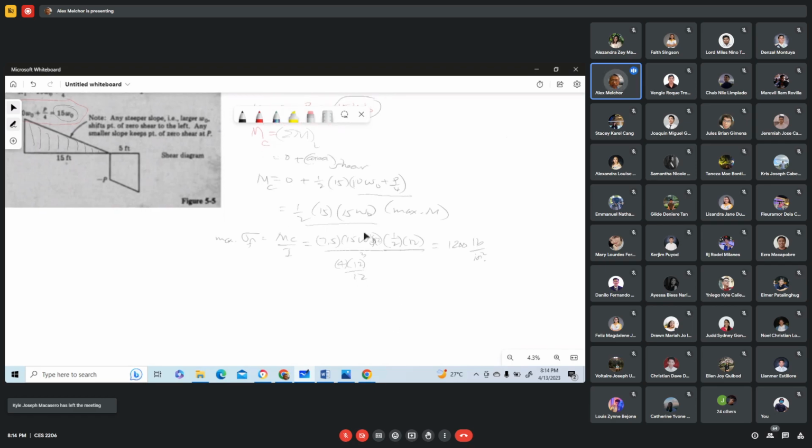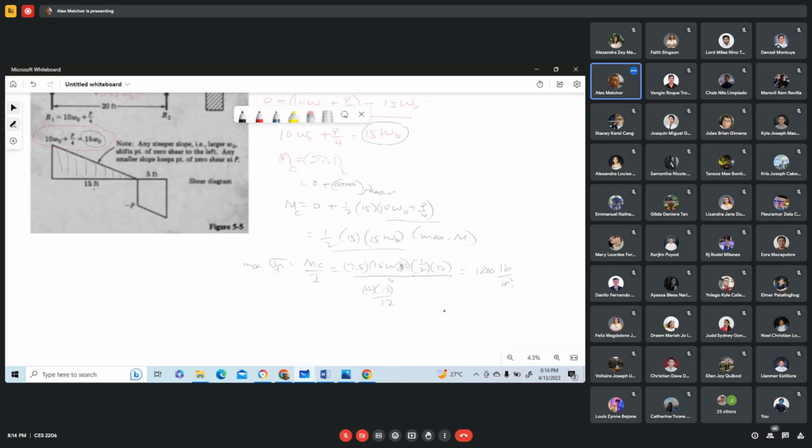And now we have only W sub O as our unknown. You can now solve for W sub O. Our W sub O here is equal to 85.3 pounds per foot. And knowing W sub O, you can solve for P from this relation here.